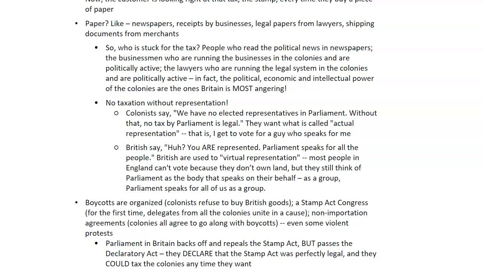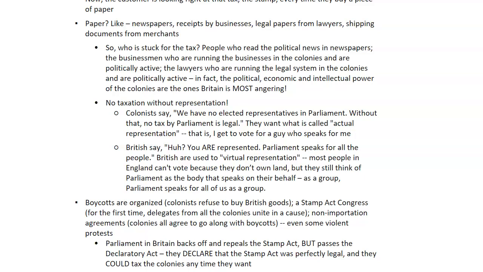But even though they couldn't vote, they still think of Parliament as the body that speaks on behalf of the body of the English people. I don't have to actually vote for a guy for Parliament to be defending my rights. As a group, Parliament speaks for all of us as a group. So when the colonists say no taxation without representation, the British don't really understand what they mean because they're using the word differently.